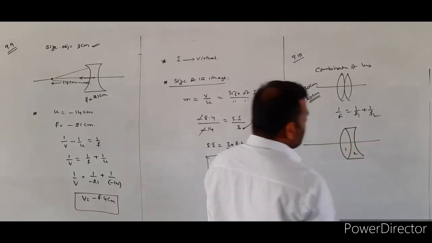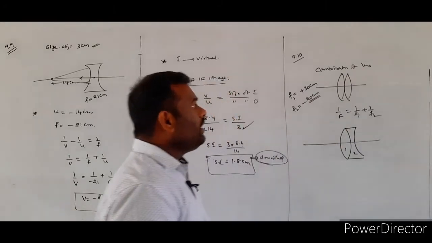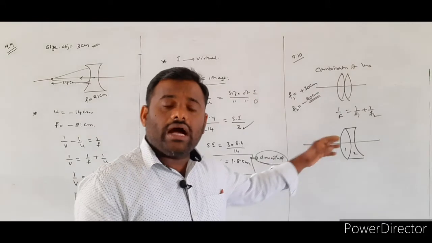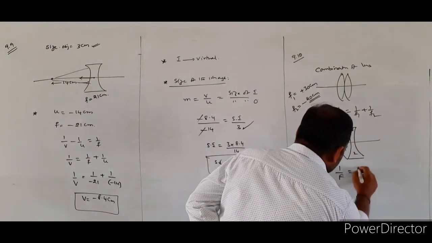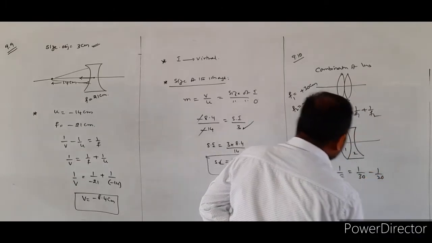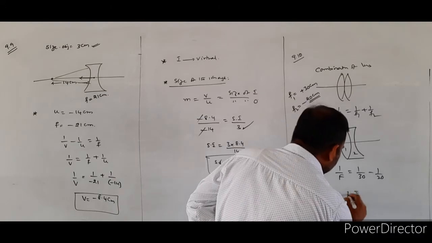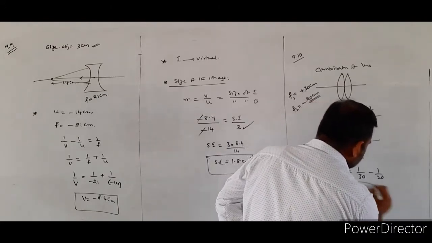Whenever these two lenses are combined together, by using the formula 1 by f is equal to 1 by f1 plus 1 by f2, we have to calculate the effective focal length value. 1 by f is equal to 1 by 30 minus 1 by 20. If you simplify, you will get capital F equal to minus 60 centimeter.